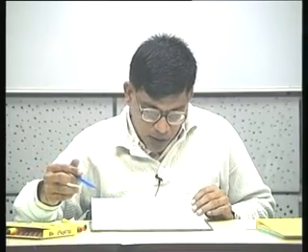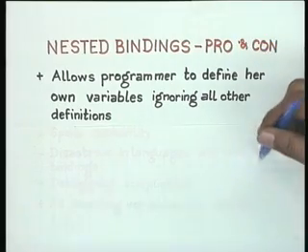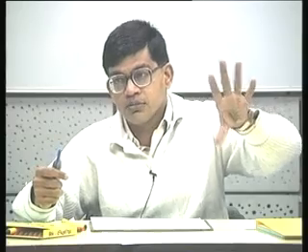So a simple solution could be to just ban all nested bindings, so that every time you declare a new scope you have only new names and there should be no problem at all. But the problem is that very often, when you have a program developed by a team, you would like to give the programmer of an individual procedure, which might be deep inside some program, the flexibility to use his or her own names for the variables.